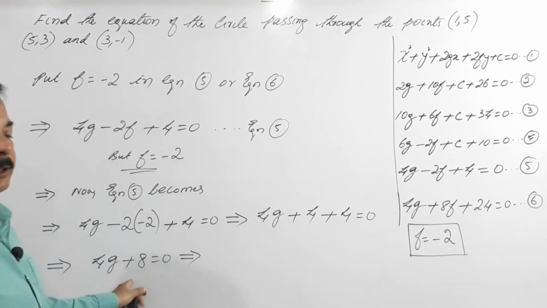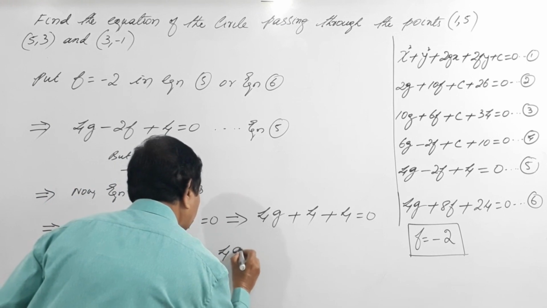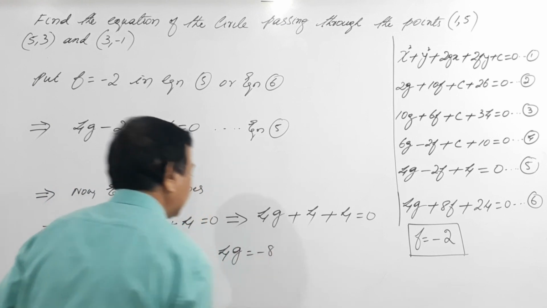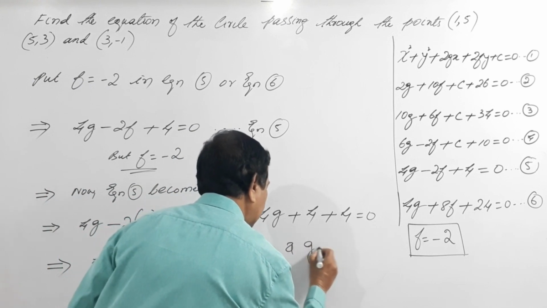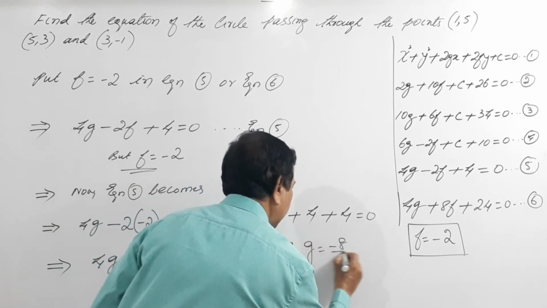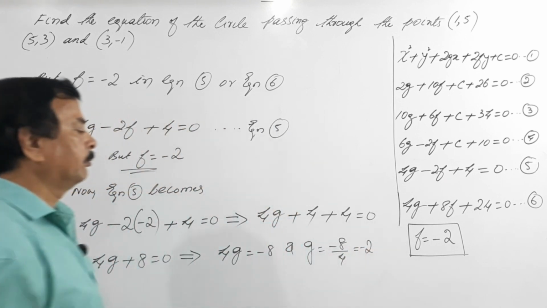I'll transfer this 8 to the right hand side, it becomes minus 8. That is 4g equals minus 8, and g equals minus 8 by 4, that is nothing but minus 2.